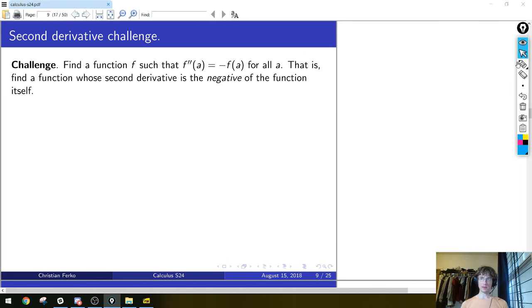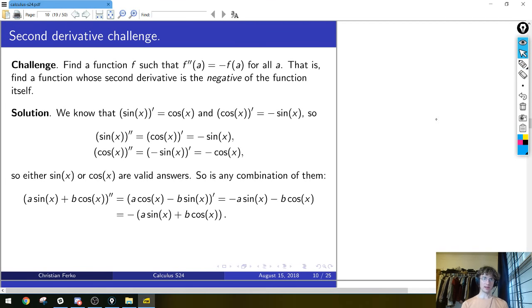And in fact, I will argue to you on the next slide that either sine or cosine works, first of all, because we know the derivative of sine is plus cosine. The derivative of cosine is negative sine. So if you differentiate sine twice, that's like differentiating cosine once, which gives you minus sine. And if you differentiate cosine twice, that's like differentiating minus sine once, which is minus cosine.